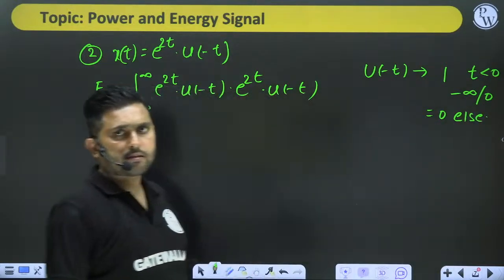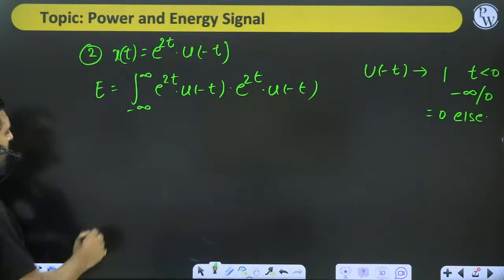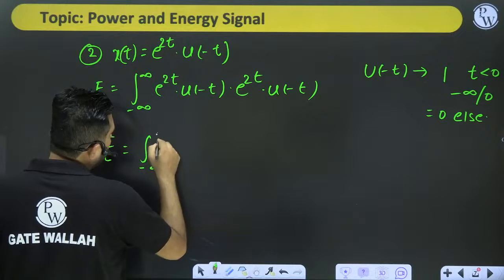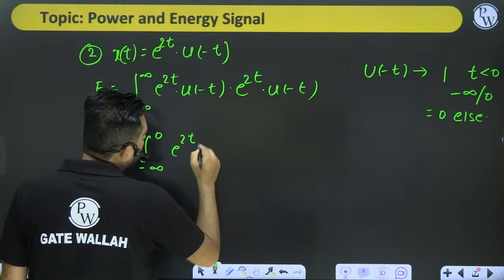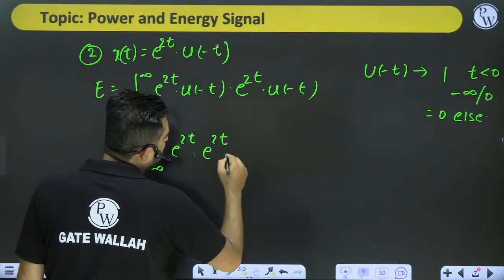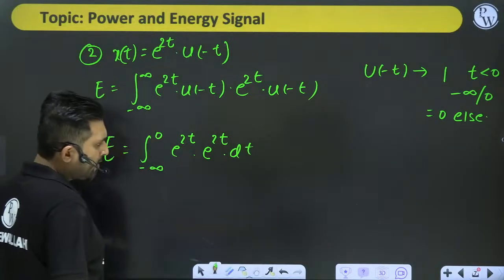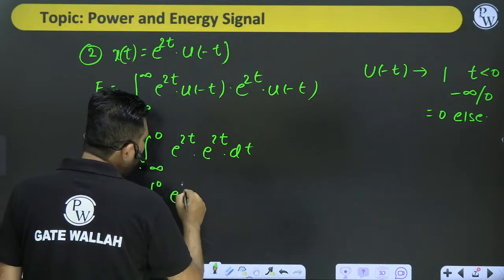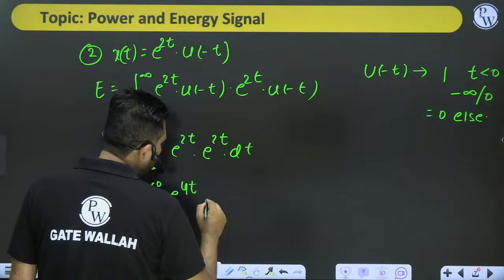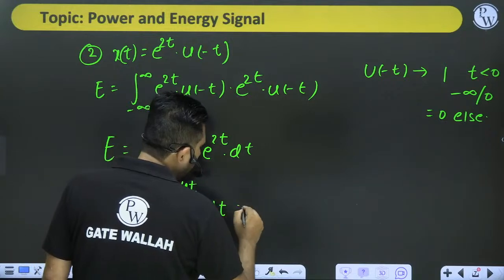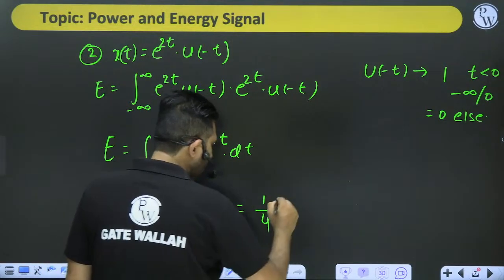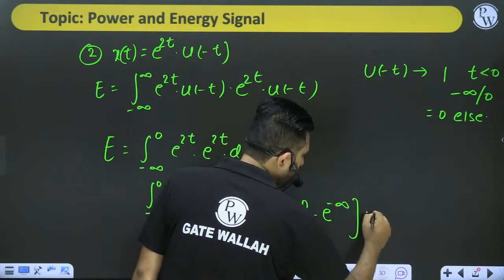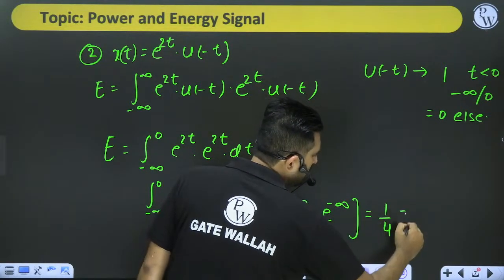So I can use this as limit minus infinity to 0 of e to the power 2t into e to the power 2t dt, and when you solve, it is the integral from minus infinity to 0 of e to the power 4t dt, which can be written as again 1 by 4 times e to the power 0 minus e to the power minus infinity, which is 1 by 4 joule.